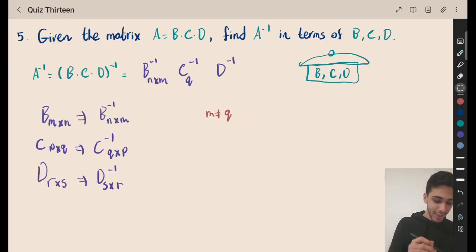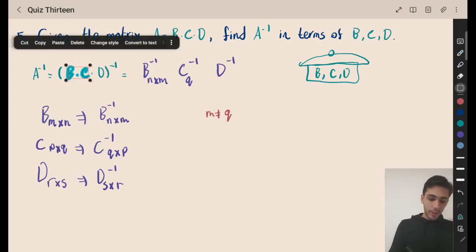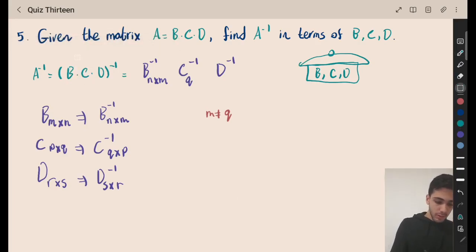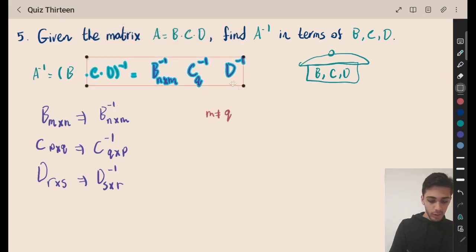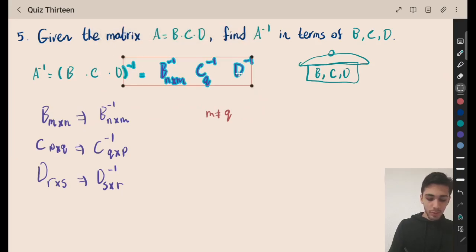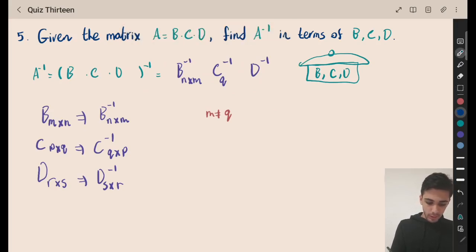Anyway, if this is defined, then the output of B should match the input of C. So we said B is M times N, and C is P times Q. Then with 100% probability, I can tell you that N is equal to P. Perhaps I'll replace this with N, because why wouldn't I do that?